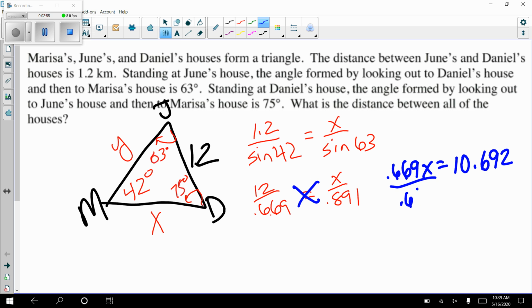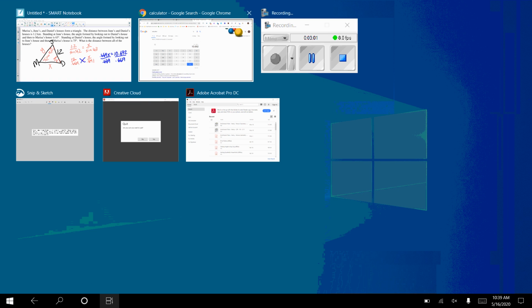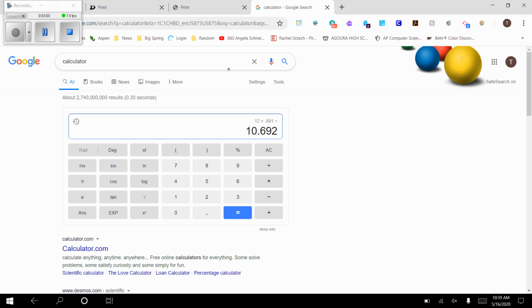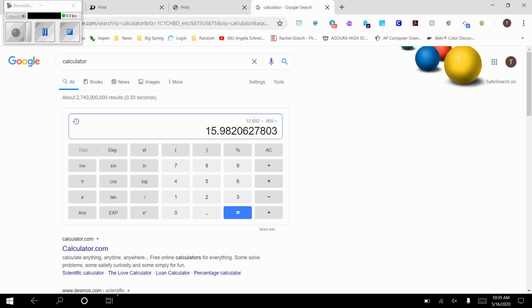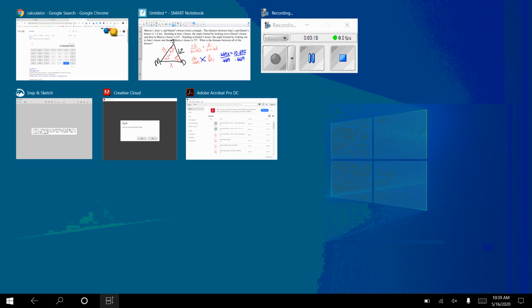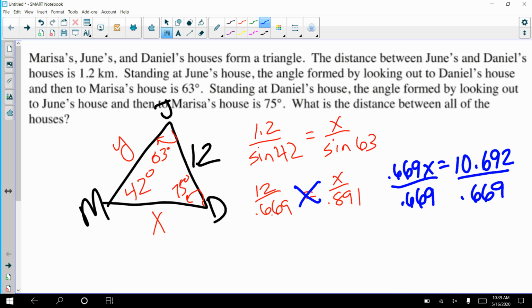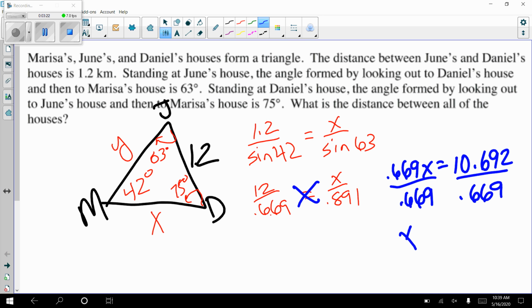So I divide by 0.669 on both sides. 10.692 divided by 0.669 is 15.98. So we'll make that 16, because remember our final answer just needs to be one decimal.